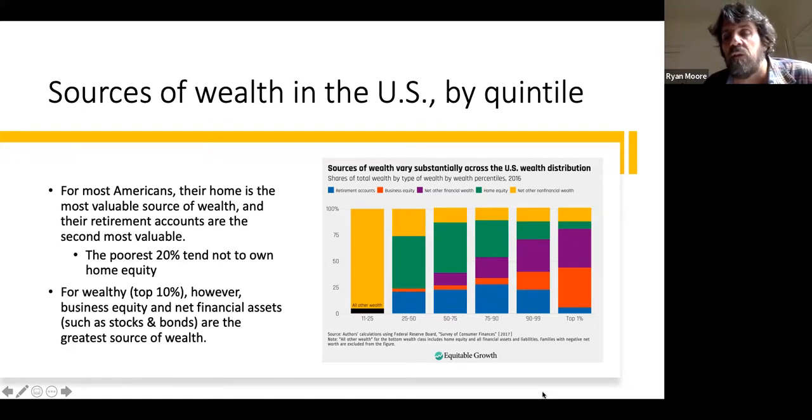Even as you get into the 75 to 90, this is pretty much still the case. The green, their home equity, is the biggest thing they own, and retirement accounts are a close second. But as you get into the top 10% and then the top 1%, more and more the biggest part of their portfolio is business equity and net financial wealth.